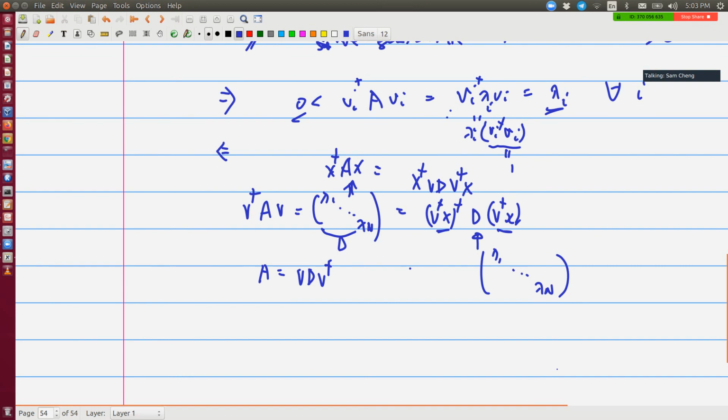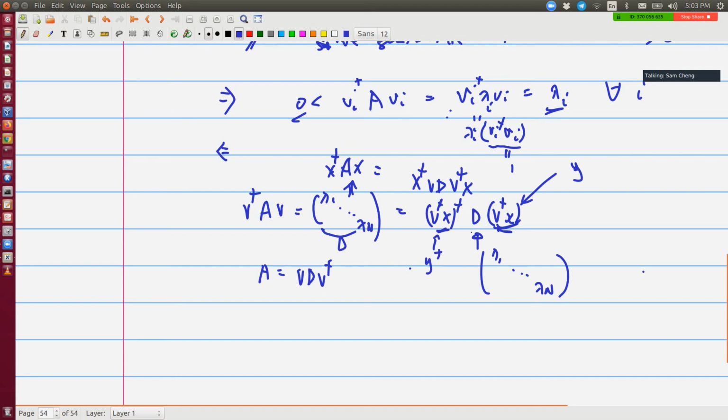Yes, that is the same, just with the Hermitian on it. If I look at this as a vector, I call this vector y, and this is y Hermitian.